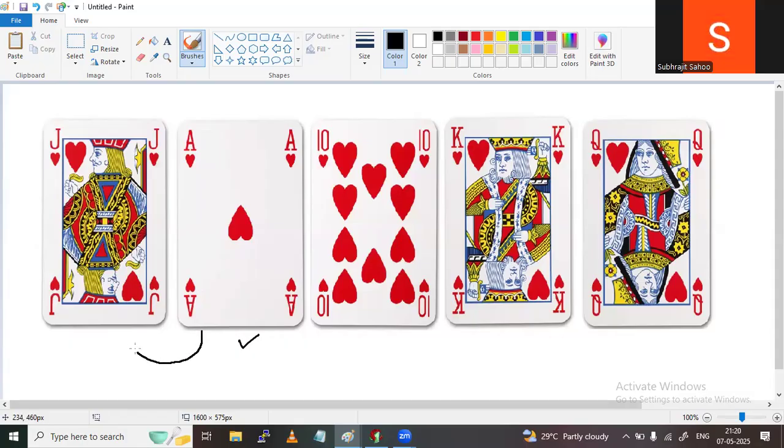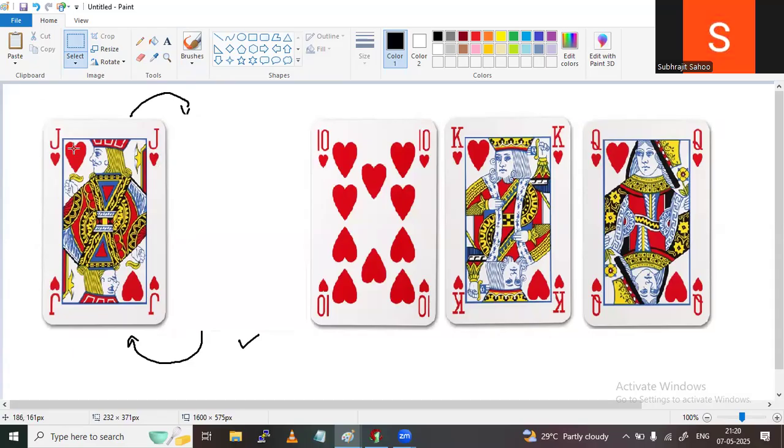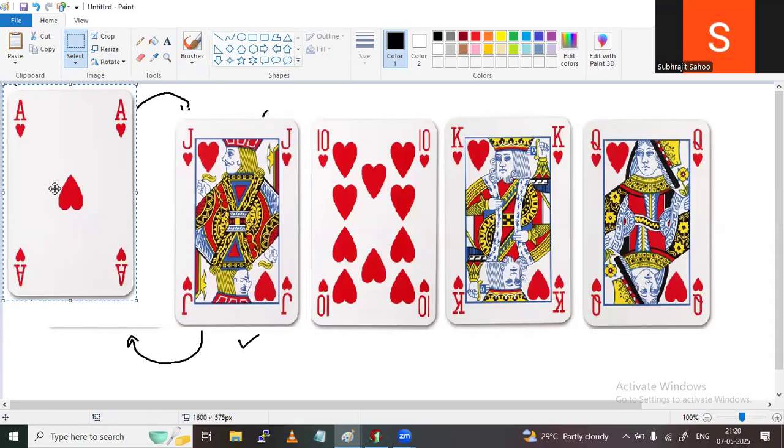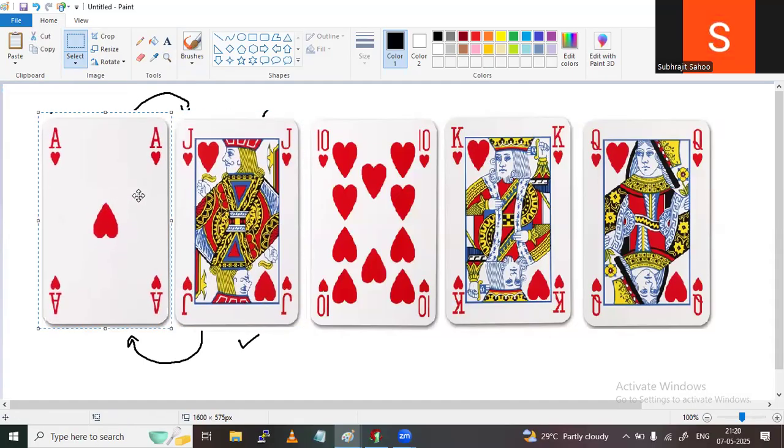A should move to this position and J should move to this position, right? I will move these two to their corresponding positions. I'll move this one to this position and this one to this position, right?